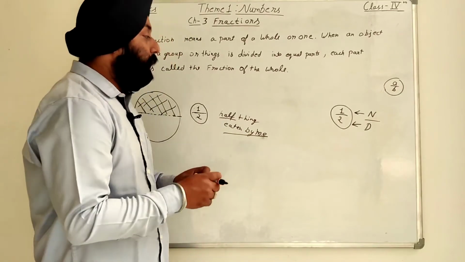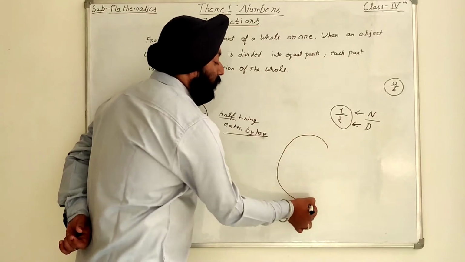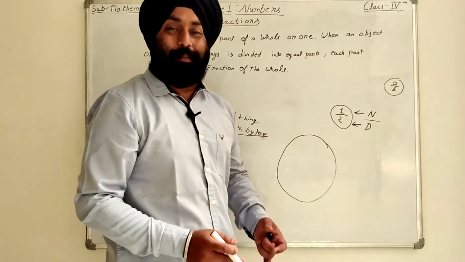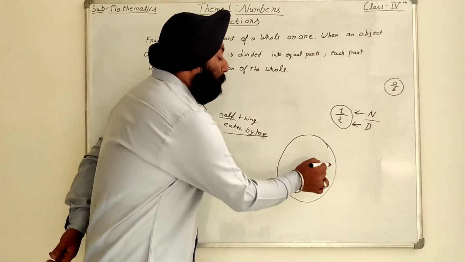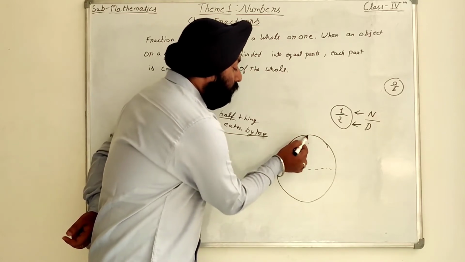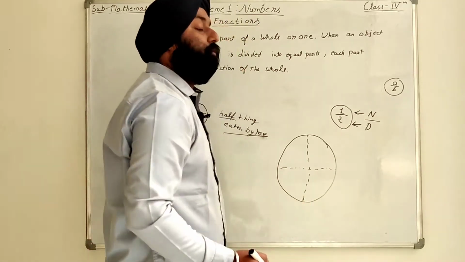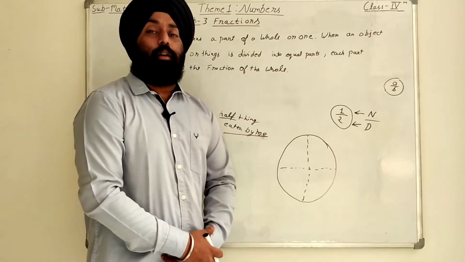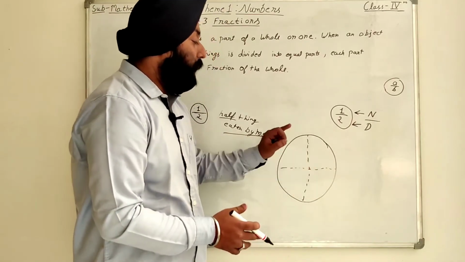Now take a very good example of pizza. Everyone eats pizza. Mostly a pizza has 4 pieces. If we go to a restaurant and order a pizza, mostly restaurants serve pizza in 4 equal parts.